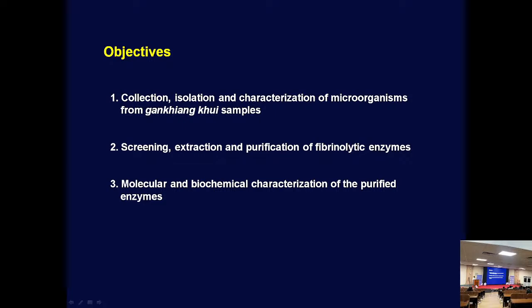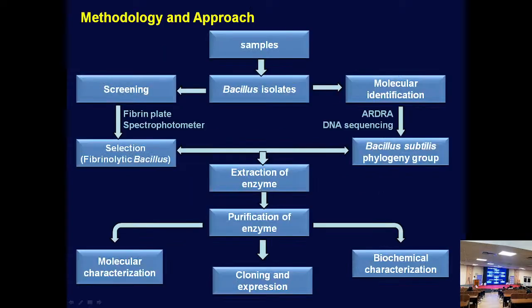Our objective is the collection and isolation of microorganisms from the fermented seed of hibiscus, and the screening, extraction and purification of this fibrinolytic enzyme, and the biochemical and molecular characterization of the purified enzyme. The methodology is simple. We collect samples and isolate Bacillus. Molecular identification is based on ARDRA and DNA sequencing.